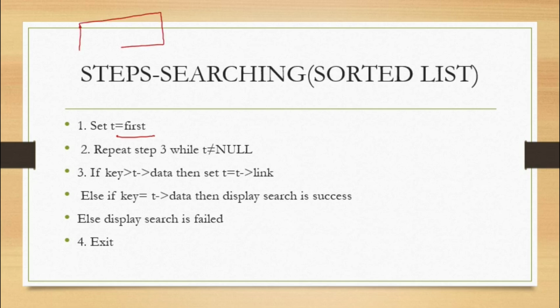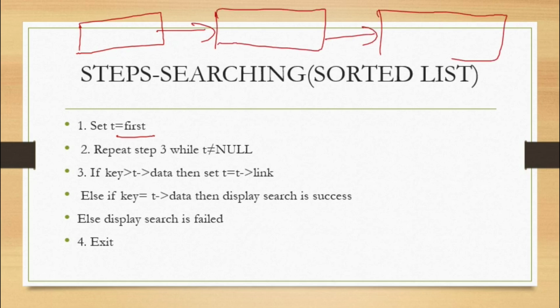See, if you have a list like this, then of course we know that first will be pointing here. Say you have some values here, 10, 20. It's a sorted one, so it should be like this only. Then say some addresses are there, 300, 400, 450.